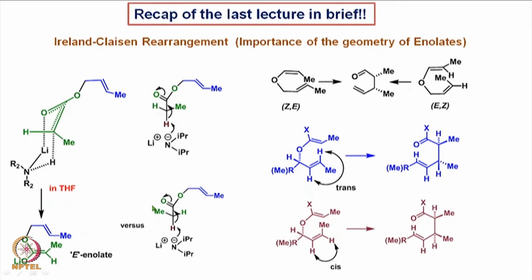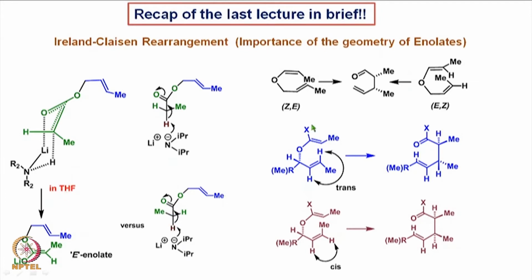On the other hand, in this particular arrangement, the methyl group and this large group are away from each other, and therefore deprotonation of this particular hydrogen leads to the enolate in which the methyl group and the enolate part are Z to each other. So deprotonation in THF-HMPA gives the Z enolate, whereas deprotonation in THF gives the E enolate.